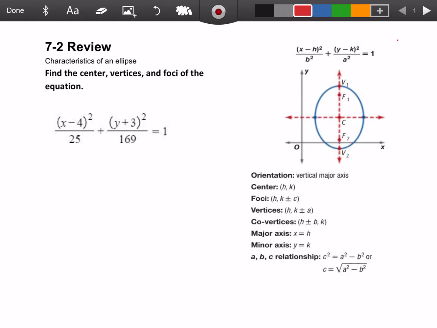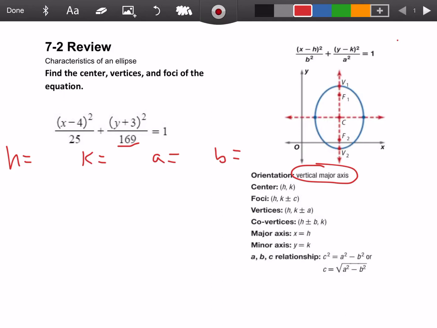And so over here to the right, we have the cheat sheet, and on the left we have the equation. The first thing that I would always find are these 4 things here: H, K, A, and B. In this case, you can see that the major axis is vertical because the larger number is below the y term.